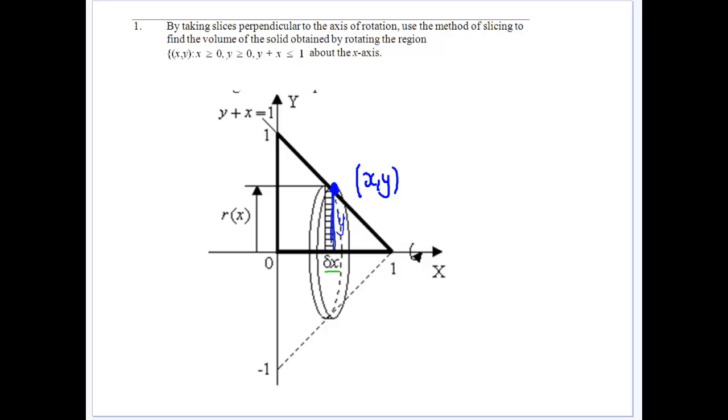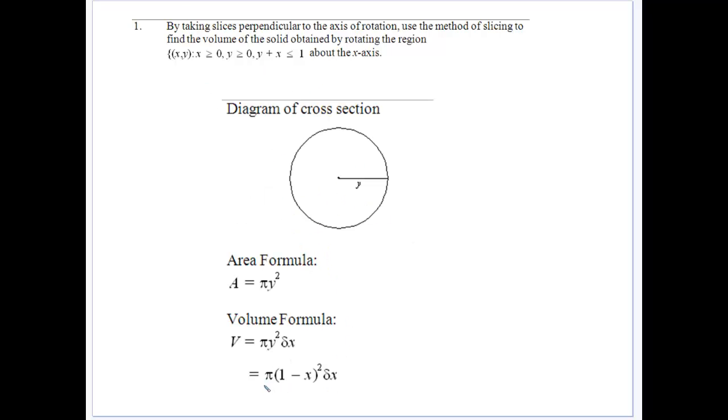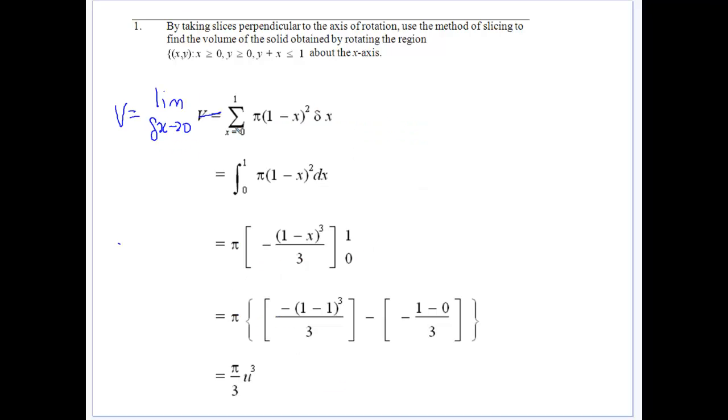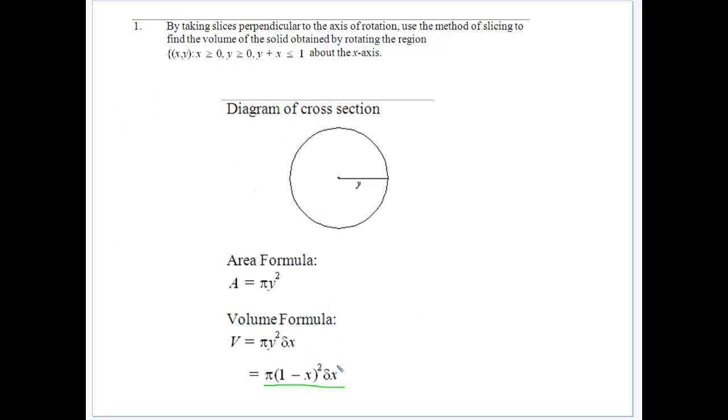If we take one of those discs, we get a formula for that disc, and then we start to sum those discs between two values. Our disc has a thickness every time, which is our change in x.